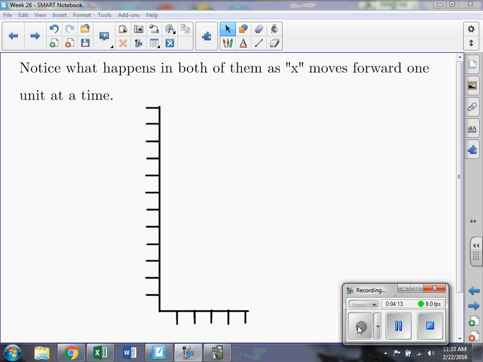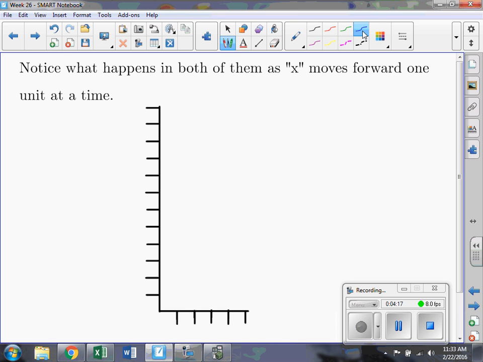Well, when we were looking at each one of these things, we had e to the x starting off at 1. As we were moving forward, 1 unit at a time, we saw at 1, it went to 2.7.